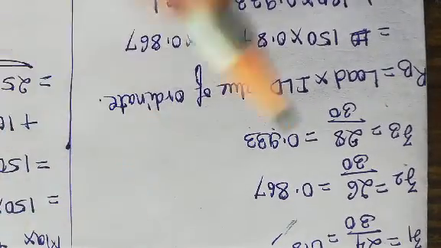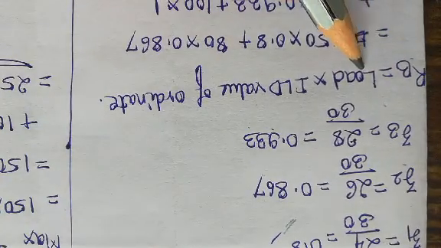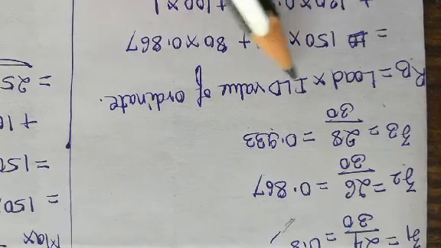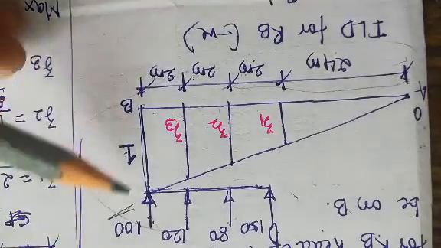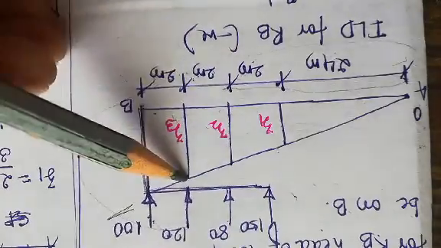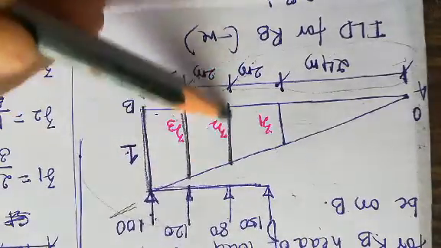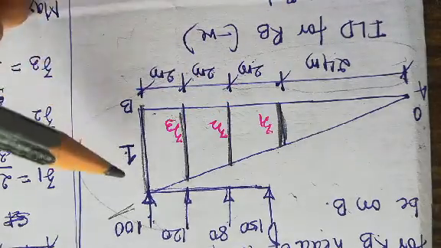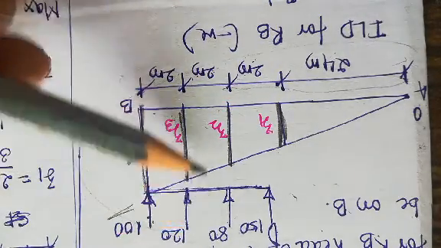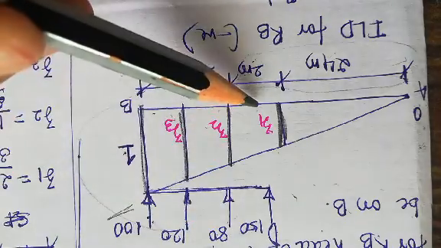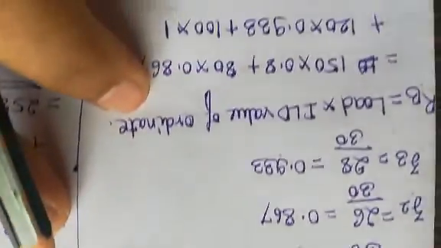Now the calculation of RP is equal to load multiplied by the ILD value of the ordinate, that is the ordinate value of these points: 100 into 1 plus 120 into Z3 plus 80 into Z2 plus 150 into Z1.